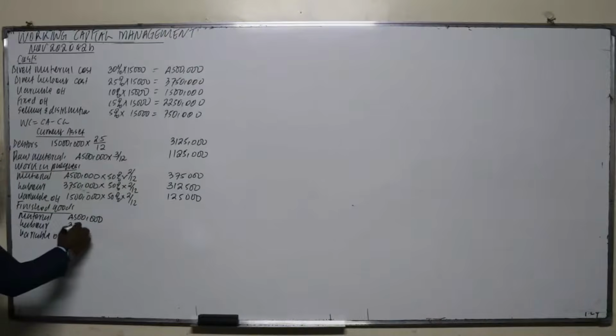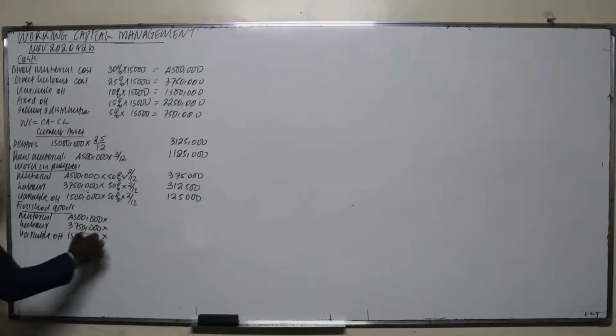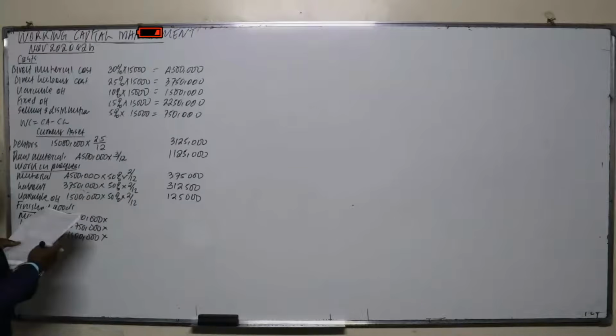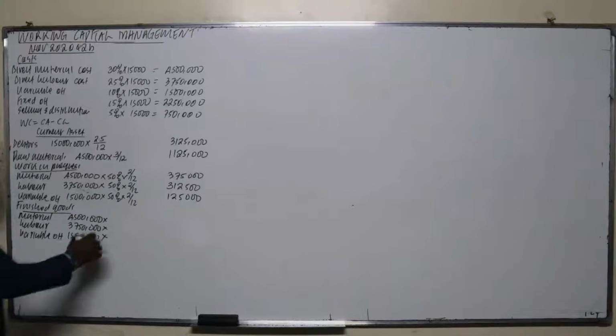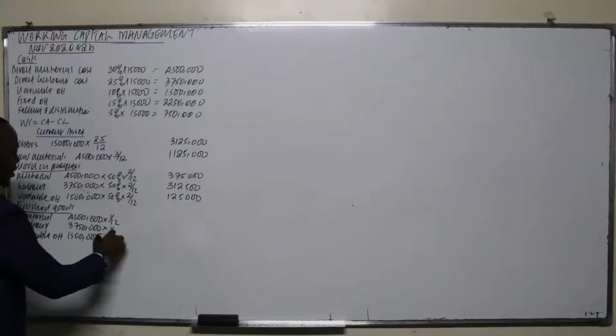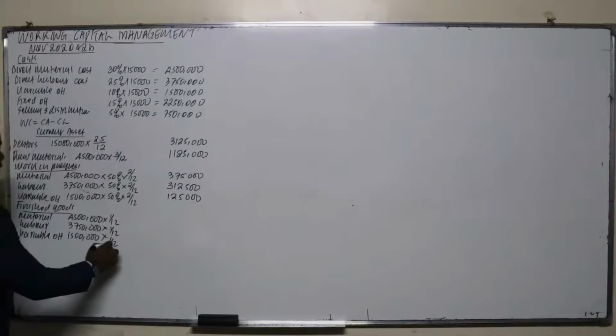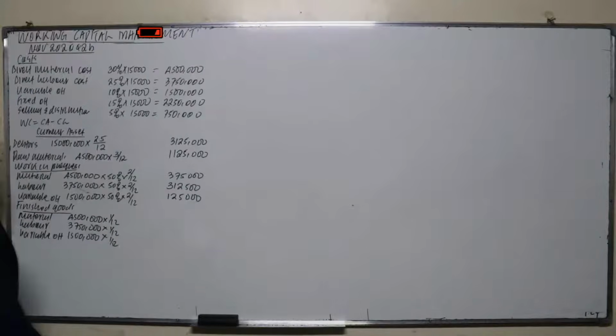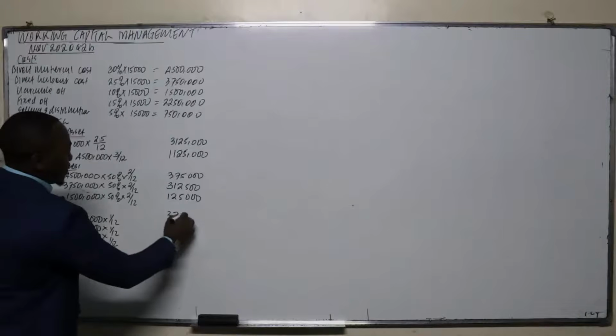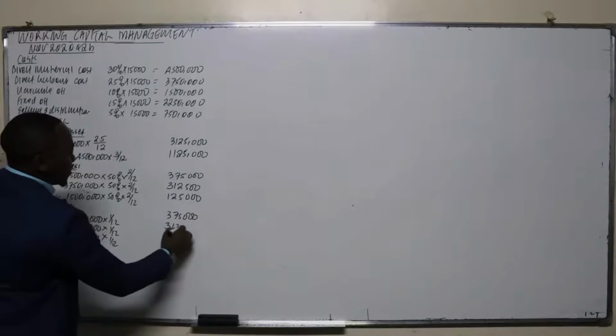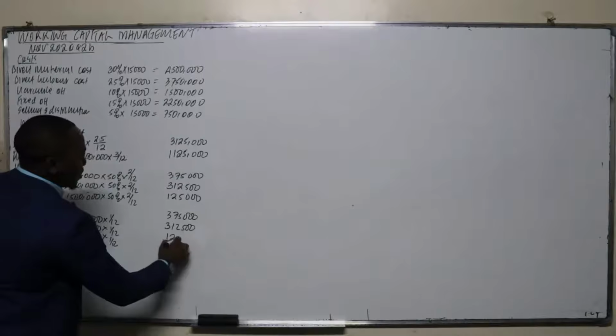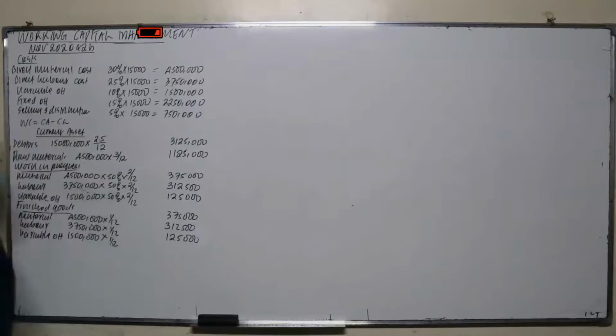Labor was 3750. Variable is 1.5. And we are told that finished goods represent 1 month production. So it's 1/12, 1/12, 1/12, half. So you get 375, 312,500. Are you getting that?